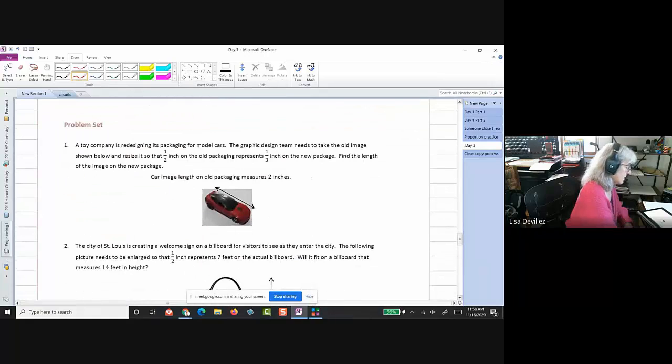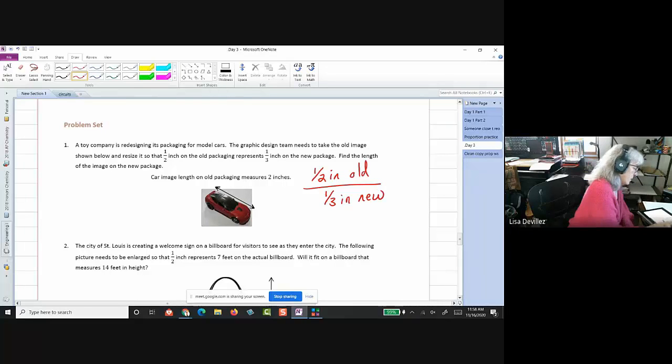Let's look at this one. It says a toy company is redesigning its packaging for model cars. They want to take the old image and resize it so that 1/2 inch on the old packaging represents 1/3 inch on the new. It wants to know the length of the image on the new package.